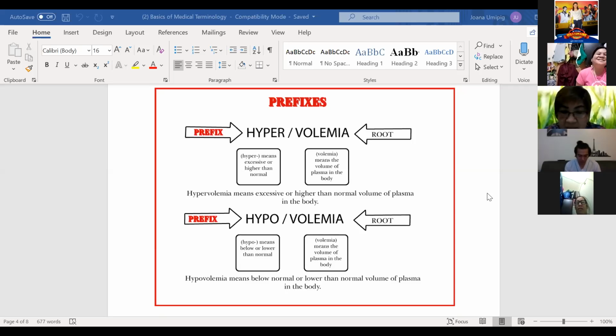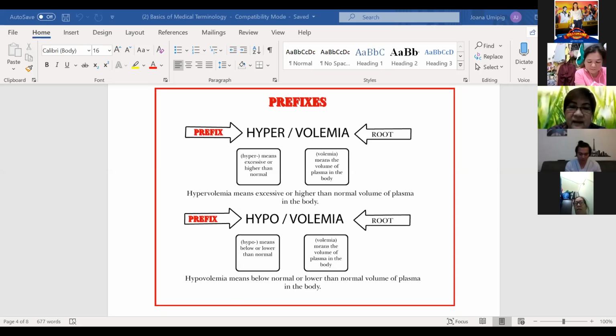So hypovolemia is the result, a lower than normal volume of the plasma in the body. So we have formed a word with a prefix. You know how to form it now, right? The prefix and the root word. That is the prefix before a root word.